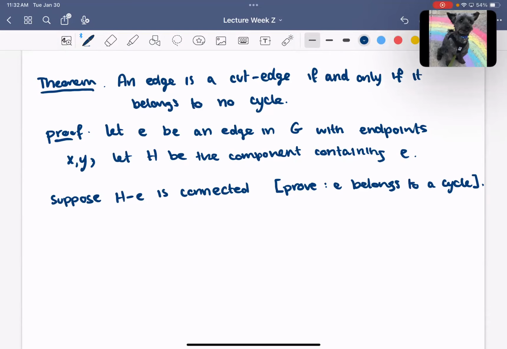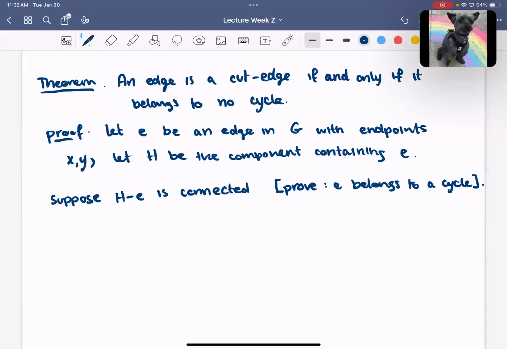Since H minus E is connected, and X, Y are two vertices, like any vertices, you can make a path from X to Y. And then, since there's a path from X to Y, if you add back in E, since E has the endpoints X, Y, you can create a cycle.